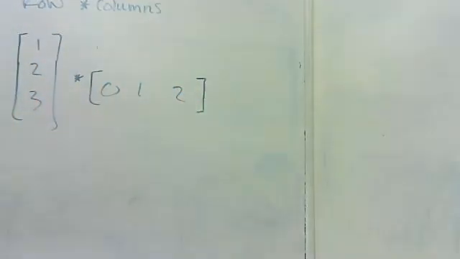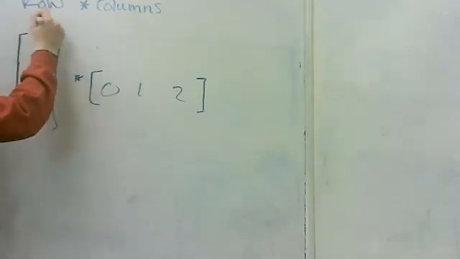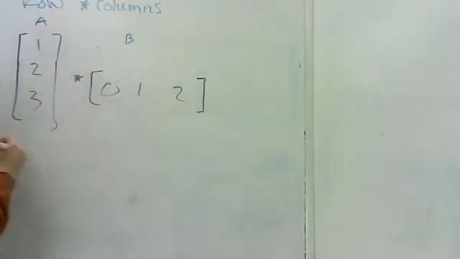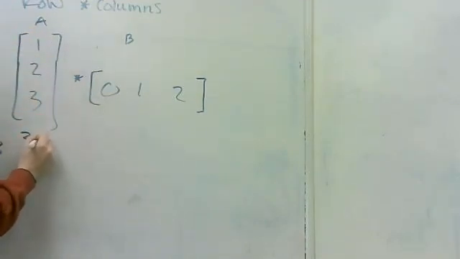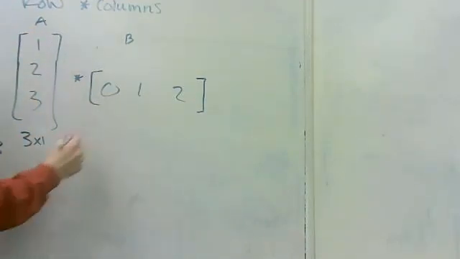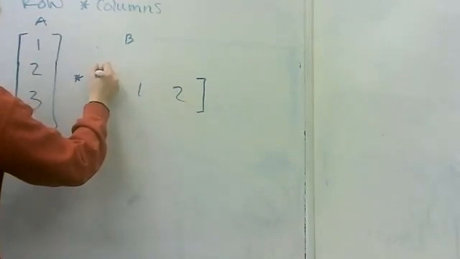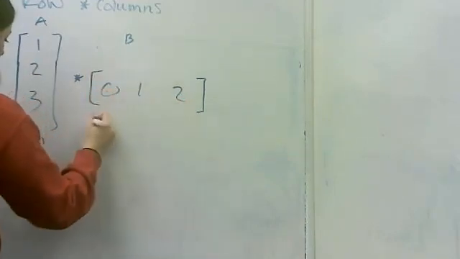Okay, so let's check this first. Let's call this matrix A and matrix B, and I want to find A times B. So the first thing I'm going to say is, this is a 3 by 1 matrix, and this is a 1 by 3.